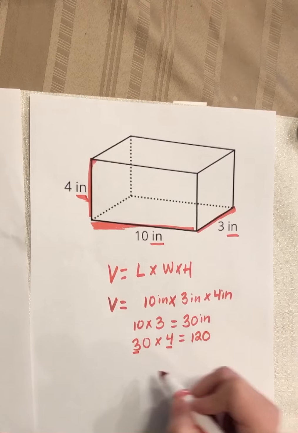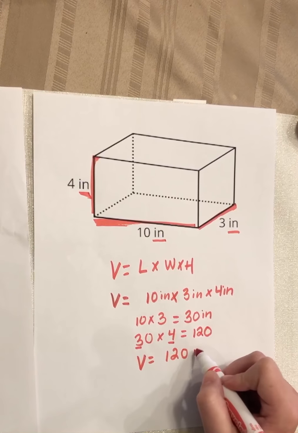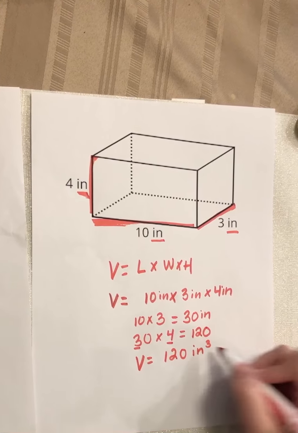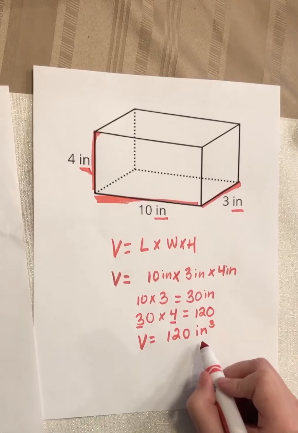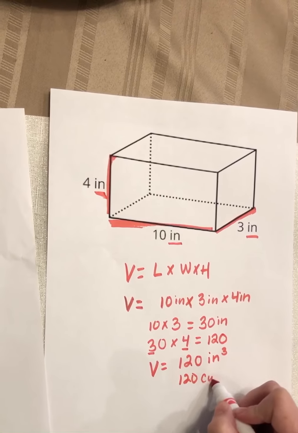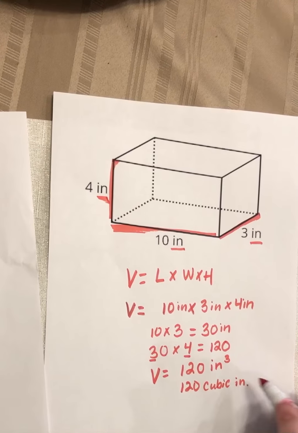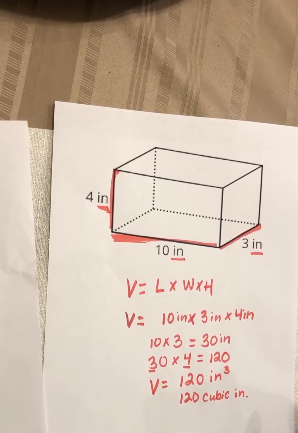So we're going to get a total volume of 120 cubic inches. We could write this as inches cubed, or we could write this as cubic inches. We need to always make sure to include our label.